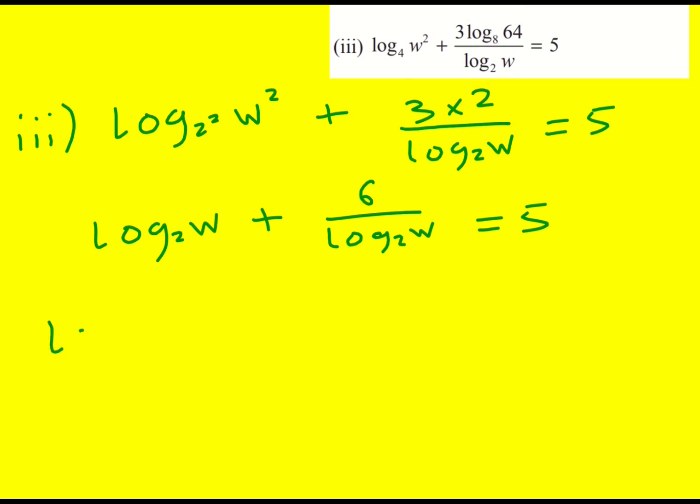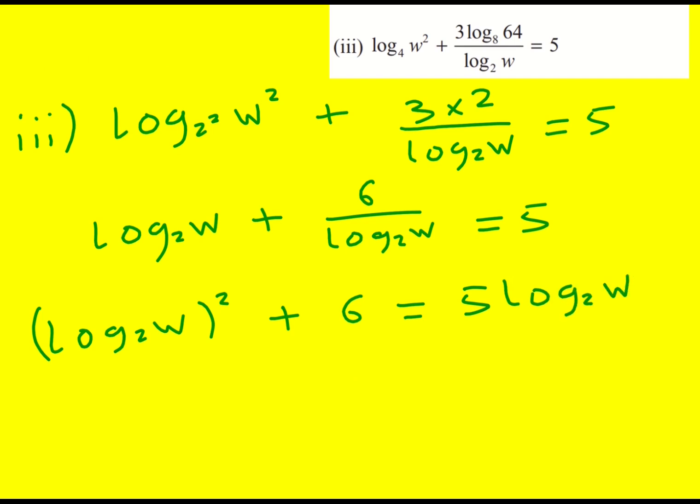I'm going to multiply through by log to base 2 of w. So this is going to be squared. It's going to disappear from here. And I'm going to get 5 log to base 2 of w. And essentially I've got a quadratic in log to base 2 of w.